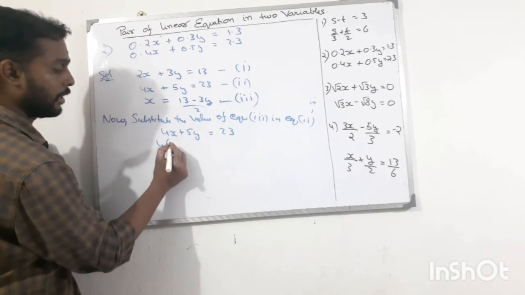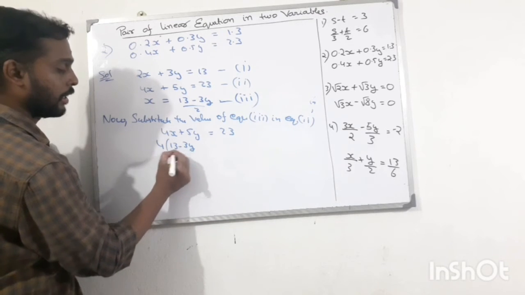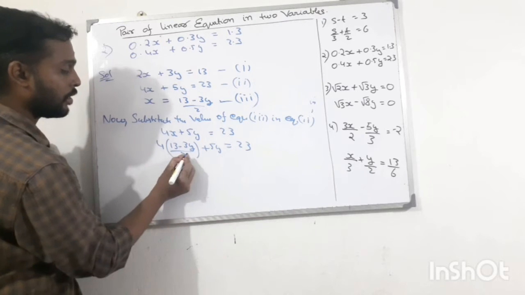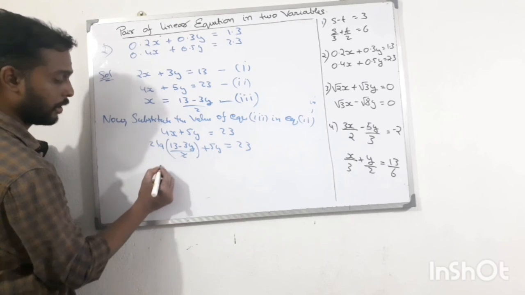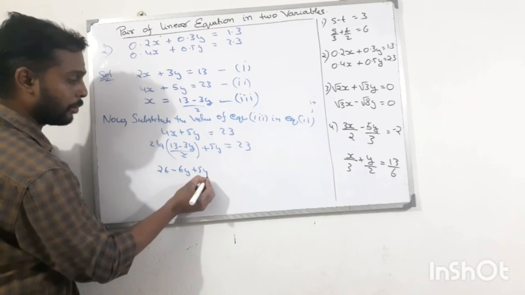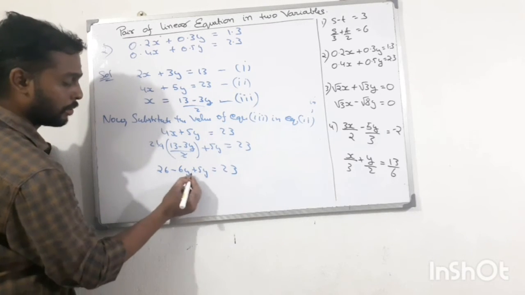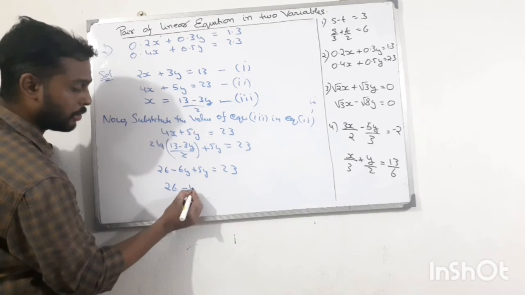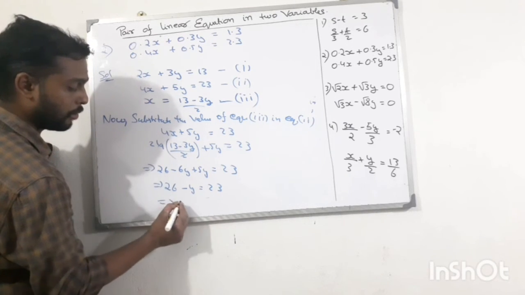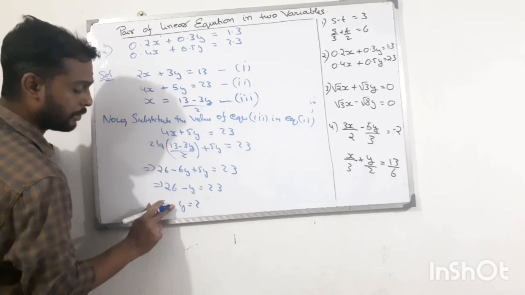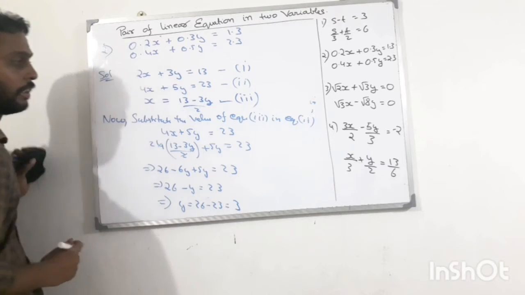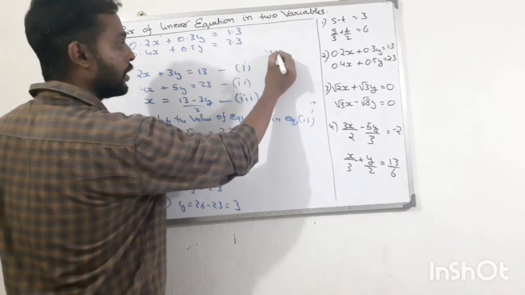So 4 times (13 minus 3y) divided by 2 plus 5y is equal to 23. So we can cut this 2. So 2 times 13 is 26, minus 6y plus 5y is equal to 23. So by solving this, 26 minus y is equal to 23. This implies y is equal to 26 minus 23, which is equal to 3. So we get the value of y: the y value is 3.